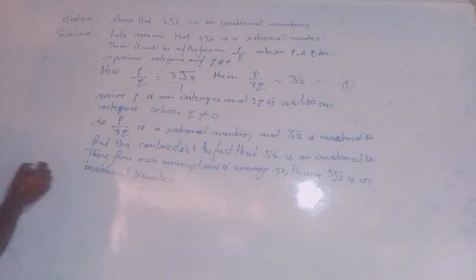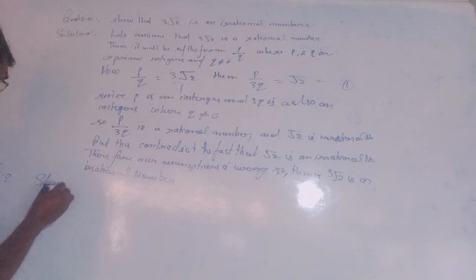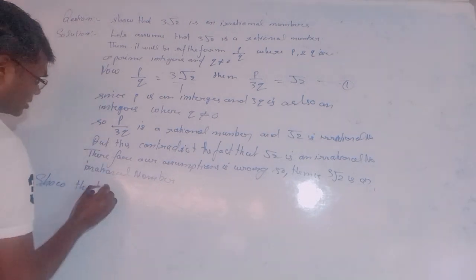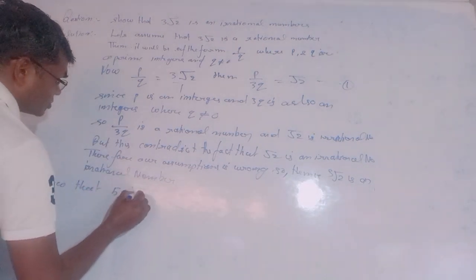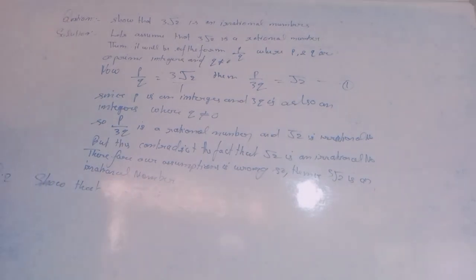is an irrational number. Question number 2 we will take here: prove that 5 minus root 3 is an irrational number.